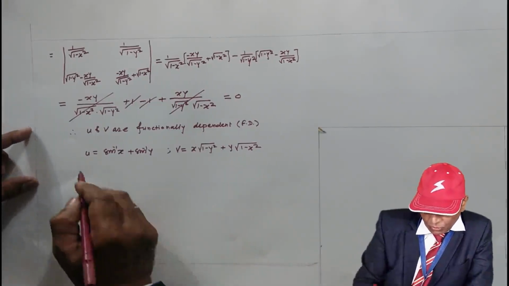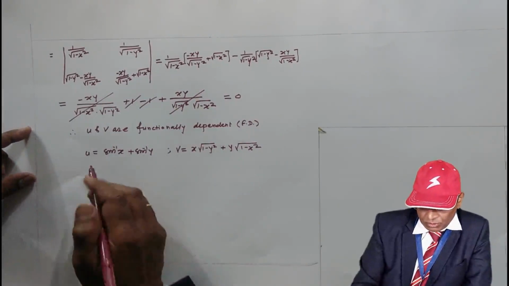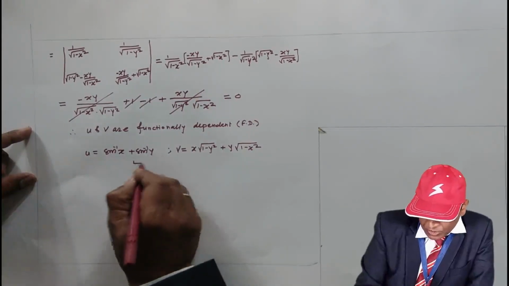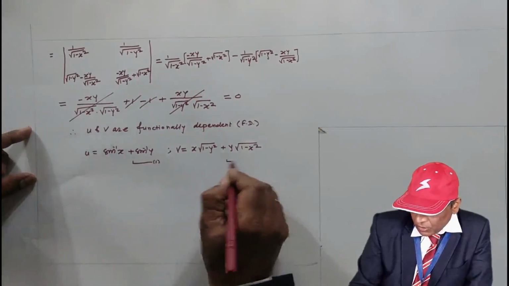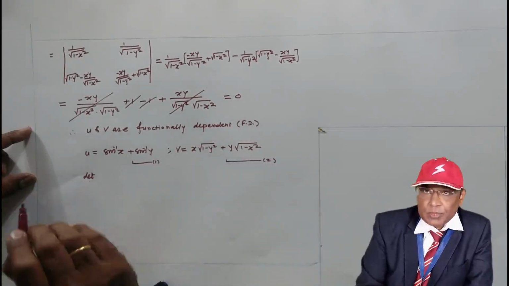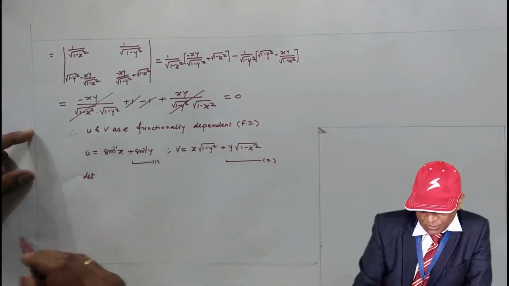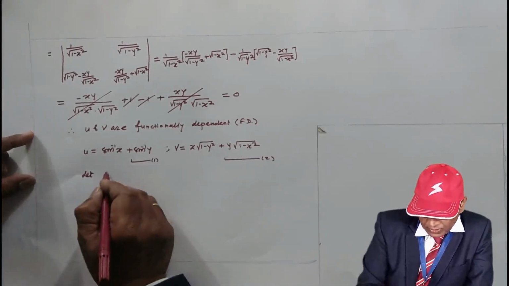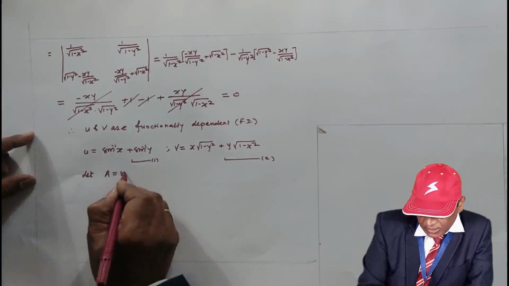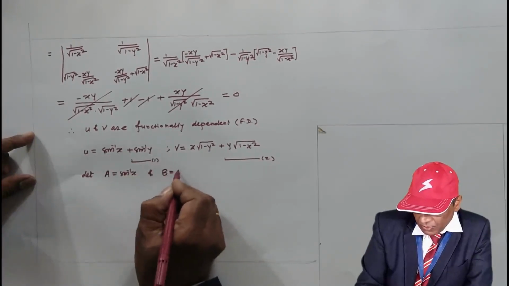You can solve it your own way also. This is our equation 1, this is our equation 2. For the sake of simplicity only, I am going to let a equal sin inverse x and b equal sin inverse y.